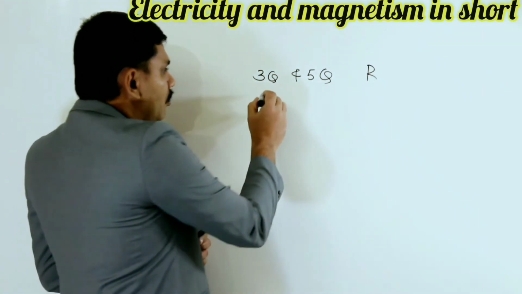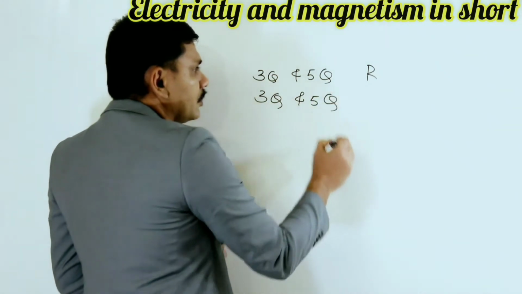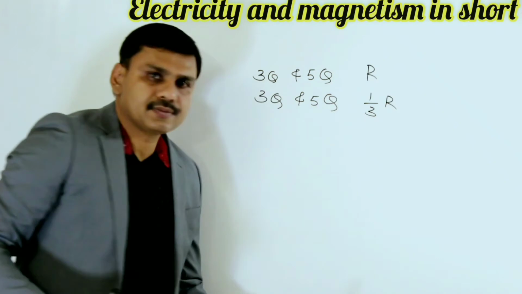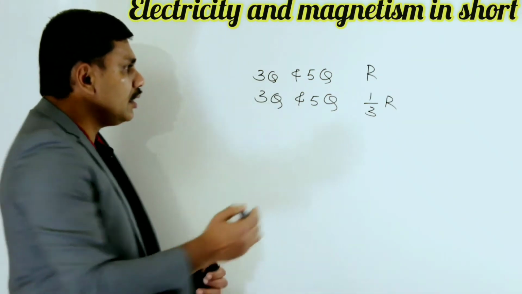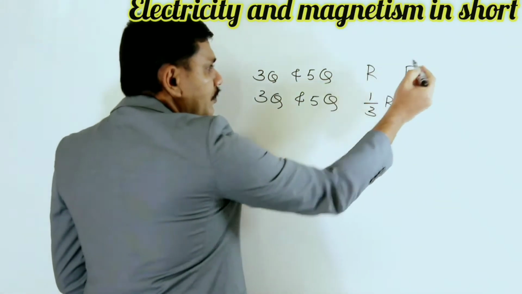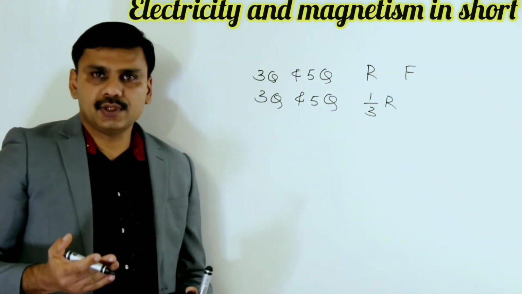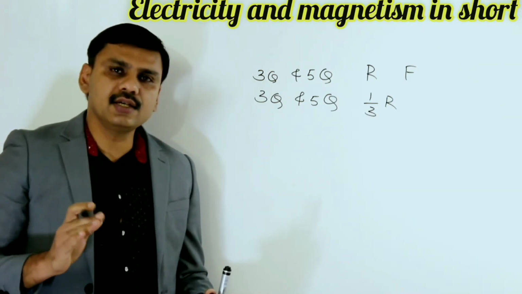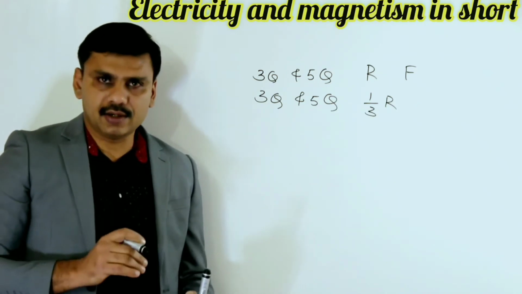Now the charges remain the same, 3q and 5q, but the distance becomes 1/3 r. How will it affect the force? Earlier it was F. What will be the new force? Here the charges are not changing. Only the distance is becoming 1/3 r from r.